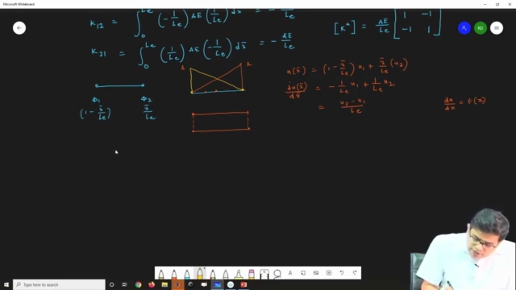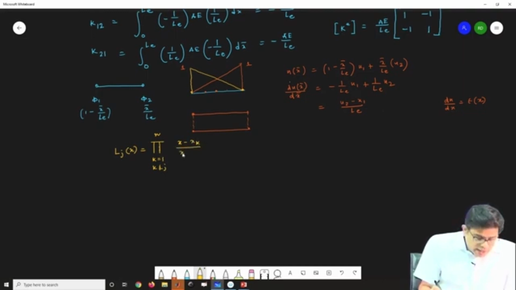The Lagrange polynomial is Lj of x, the product from k equals 1 to n, k not equal to j, of x minus xk by xj minus xk.